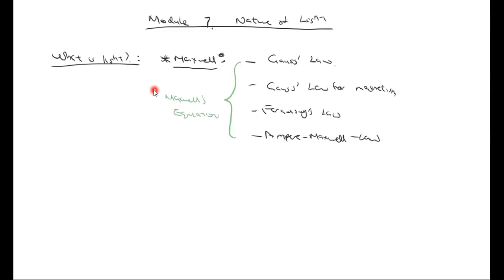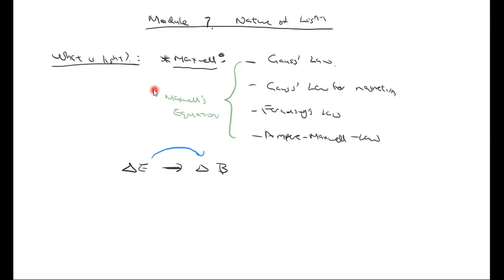But what he realized as a result of these equations is that if you have a change in the electric field, it will create a change in the magnetic field. That's because your change in electric field will generate a change in charges. It will accelerate, which will create a magnetic field, and that will change and so on. And as a result, a change in the electric field will get a change to a magnetic field.